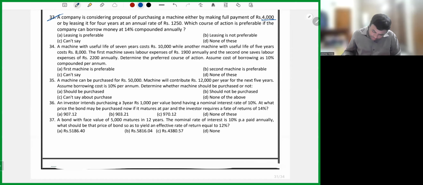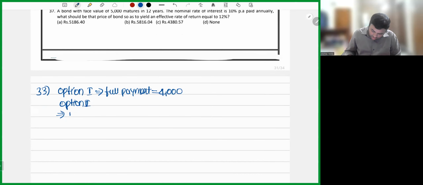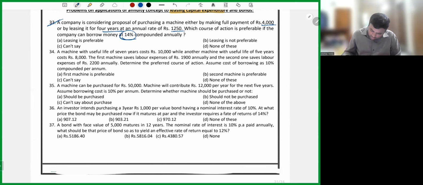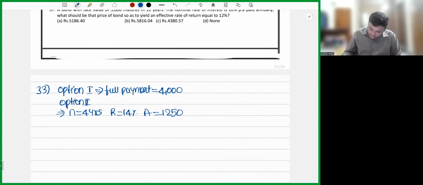By leasing for 4 years at an annual rate of 1250, if the company can borrow at 14%. N is equal to 4 years. Rate of interest is 14%. A is equal to 1250.